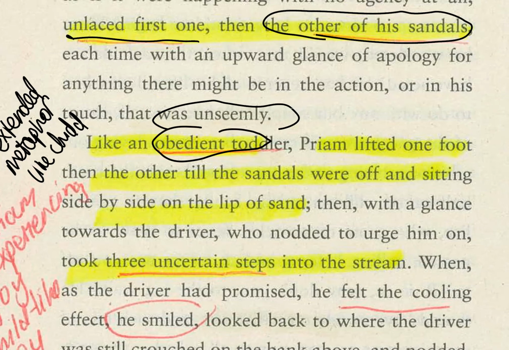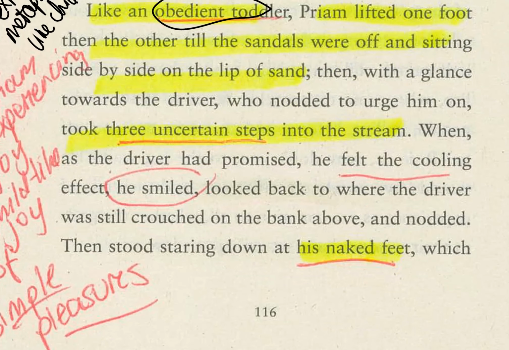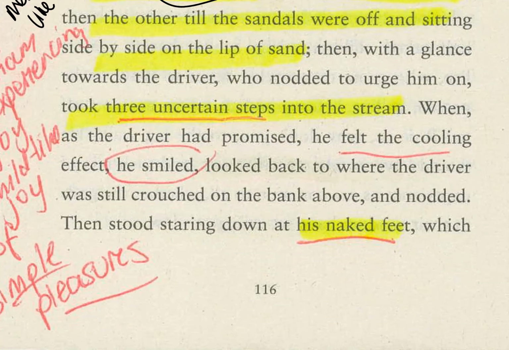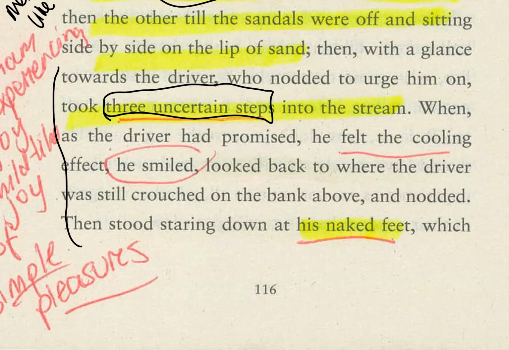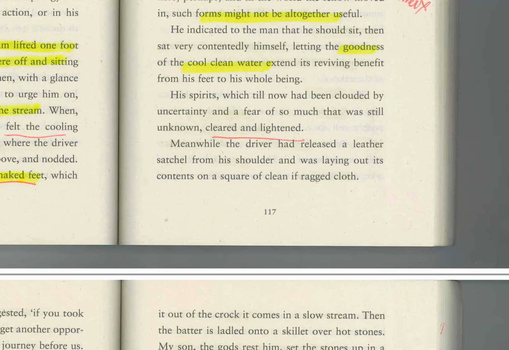Priam lifts one foot and the other until the sandals are off, and then he glances towards the driver, who urges him on. He takes 3 uncertain steps into the stream, and he feels this cooling effect, and he smiles, and he stares down at his naked feet. And the note I've written to the side, he is experiencing this joy, this childlike joy of simple pleasures for the first time in his life.